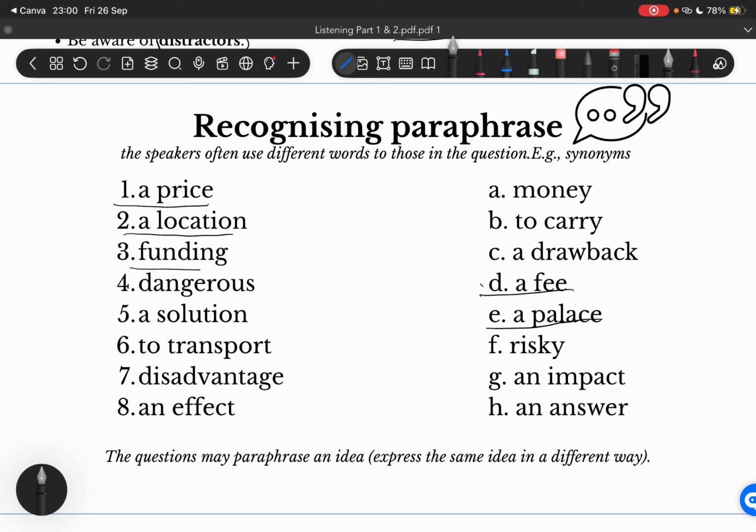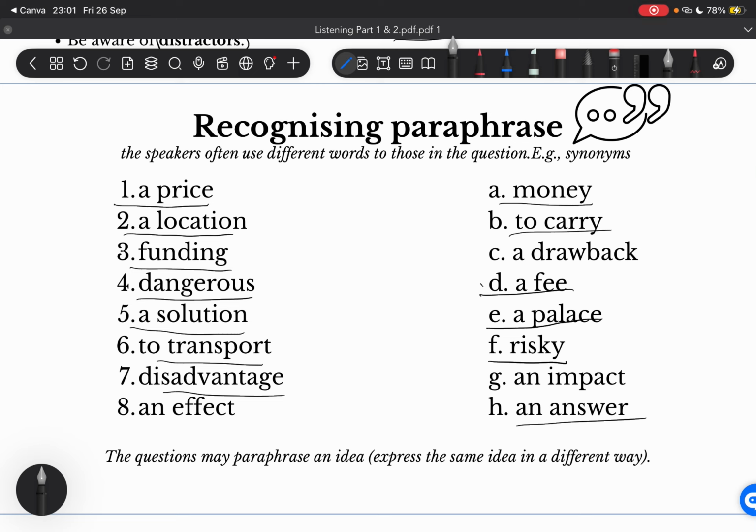And then funding, when we say or talk about funding, we usually mean money. And dangerous, you might choose it as risky in your options if you do have it. A solution is an answer. To transfer is to carry.